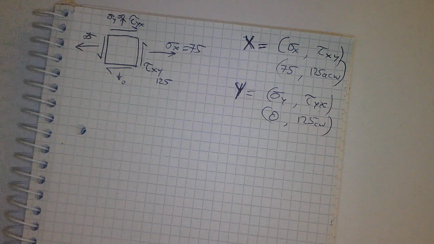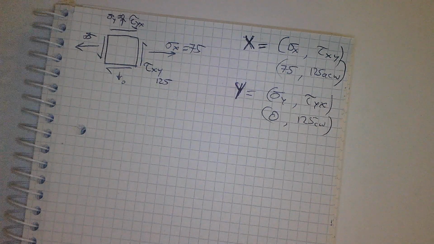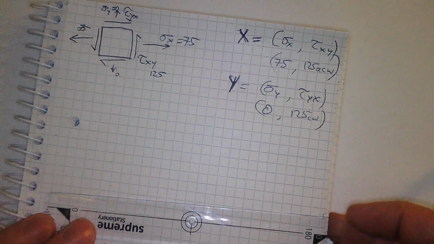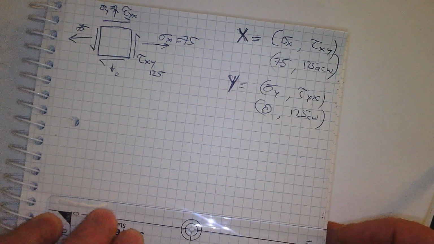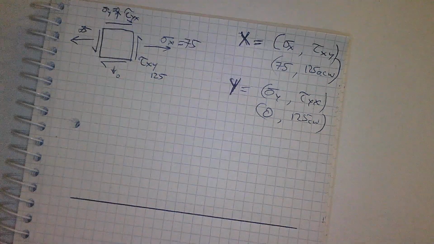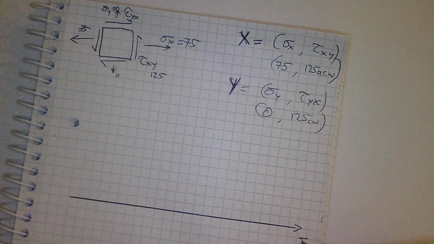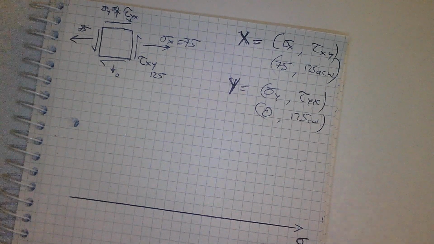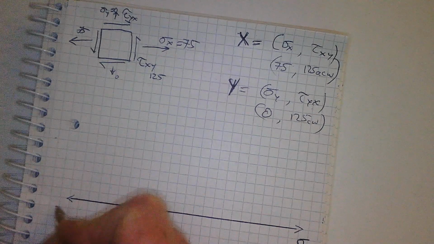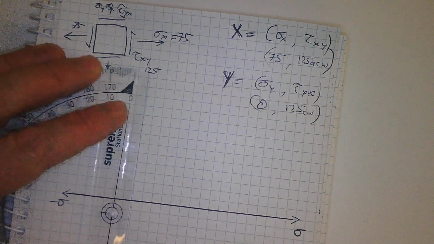I don't think I have a ruler, but what we'll do is set up 2 axes. So Mohr circle is plotted on your horizontal axis is your normal stresses, sigma minus sigma. And your vertical axis is shear stress.